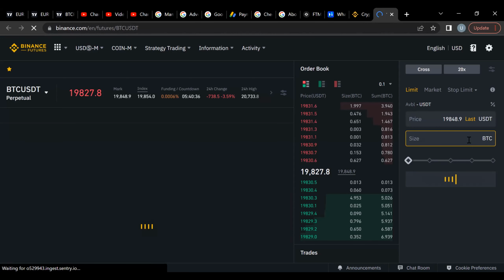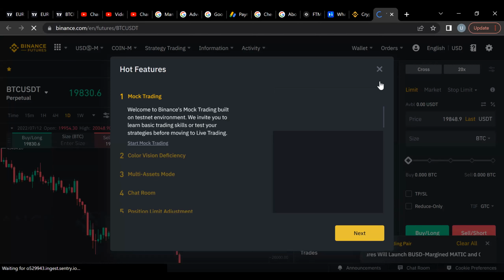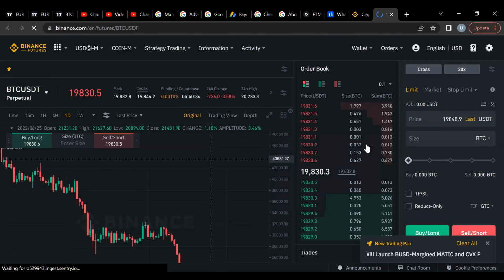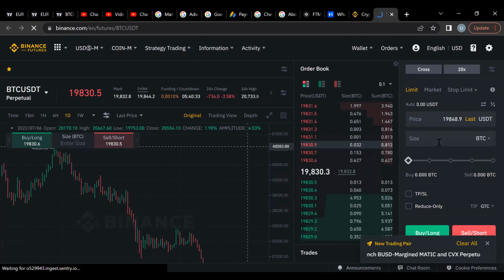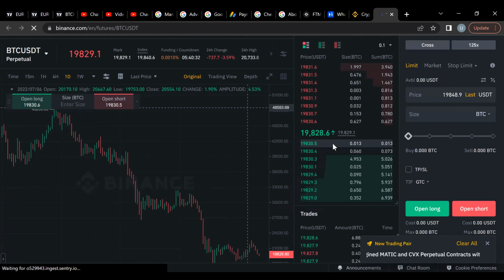If you are observant, you see that this environment is somewhat similar to that of spot, right?